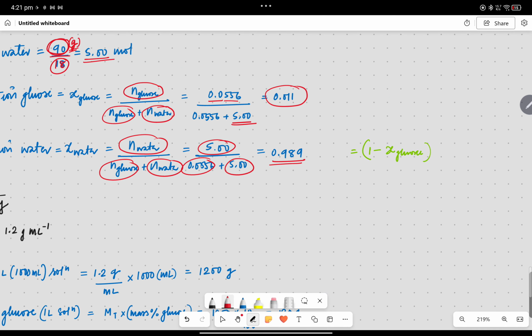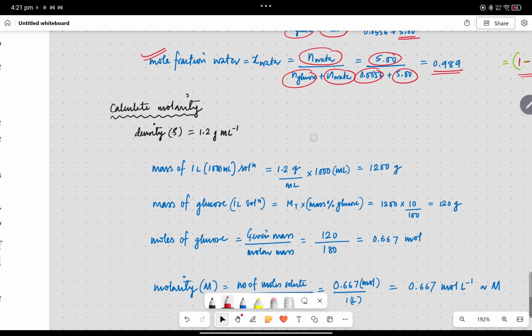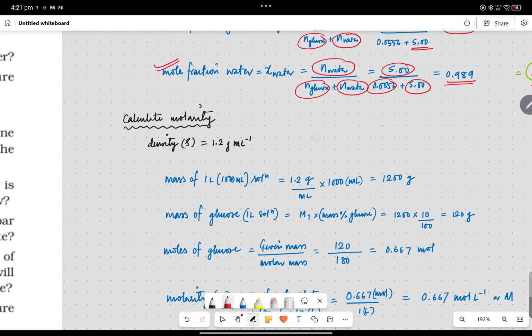And you can also simply do that if you have a two component mixture: you simply do 1 minus the mole fraction of one component, and you get the mole fraction of the other component, right? So this is a simple formula you can also use. Now this question has also got solved.